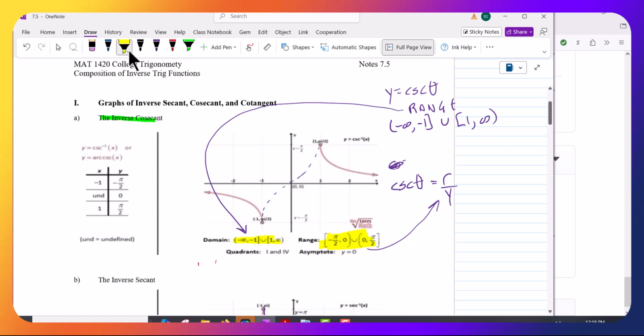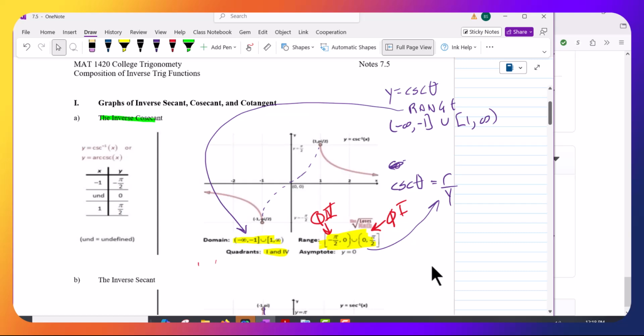So the important things about an inverse cosecant are the domain and range, and the quadrants based on this range are going to be quadrant 1 and quadrant 4. So this is quadrant 1, and then this is a negative angle that's in quadrant 4, okay? So those are the important things about an inverse cosecant.